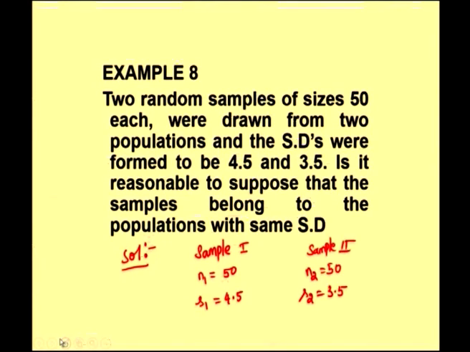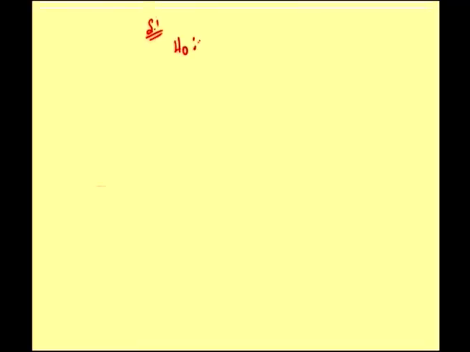So, let us start with the procedure for testing of significance. First step is setting up the null hypothesis, second step is setting up the alternative hypothesis, third step is the level of significance, fourth step is computing the statistic, and fifth step is the conclusion. First we start with H naught, the null hypothesis, which says sigma 1 is equal to sigma 2.